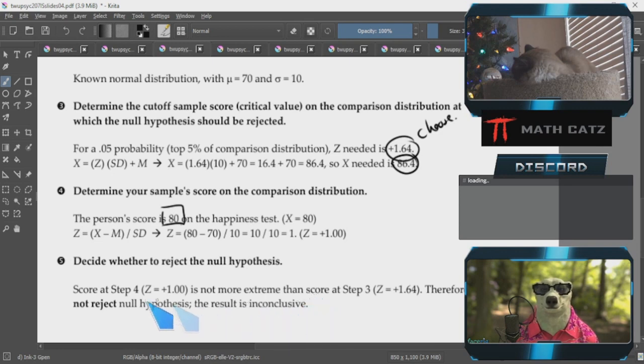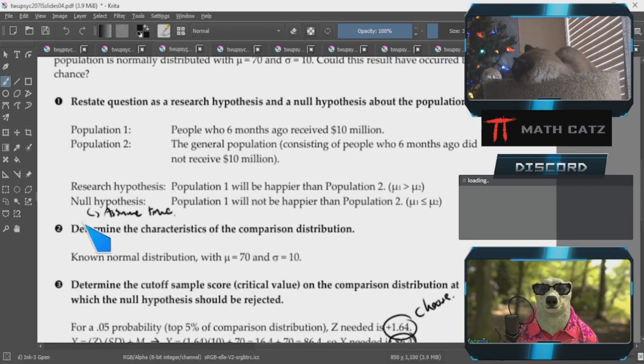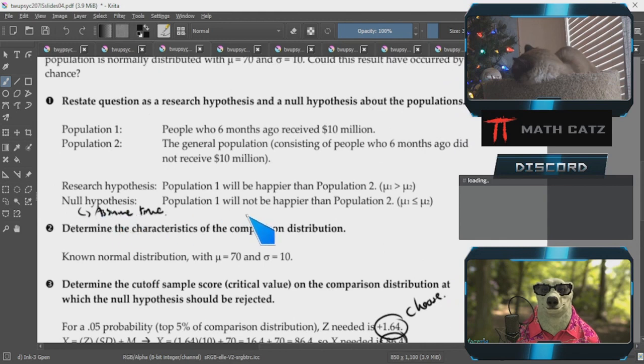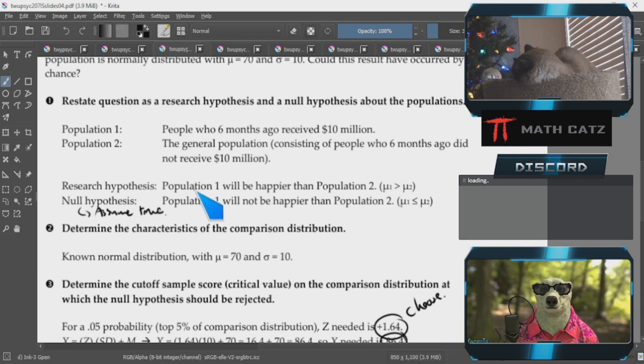So therefore, we do not reject the null hypothesis. It's inconclusive. We can't say. The null hypothesis was that they're not happier. We got evidence that doesn't really contradict that, doesn't suggest that it's not true. We can't say that the research hypothesis is true or false.